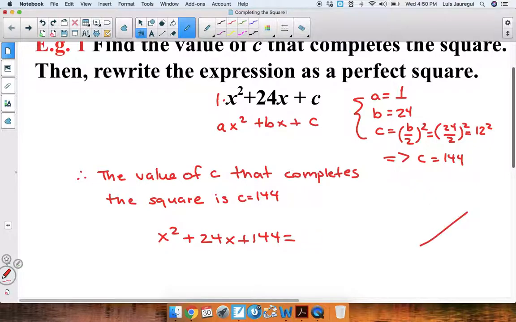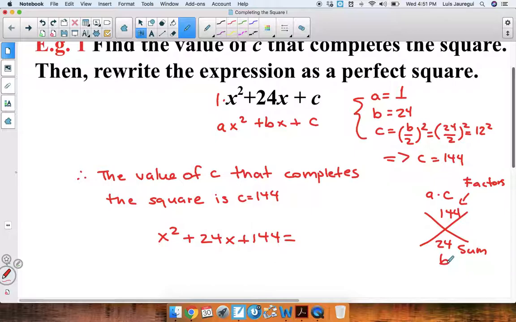So here we can actually use the diamond method by multiplying a times c and writing the value for b here. And a times c is 1 times 144, so it's 144. And your value for b is 24. So we want factors of 144 that add up to 24.